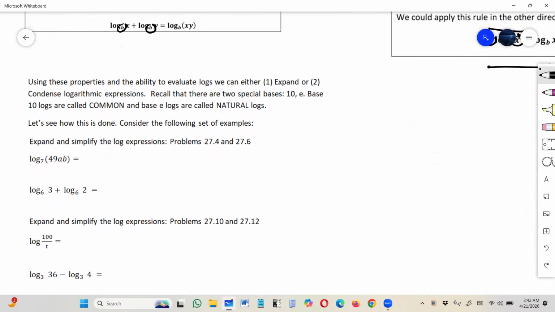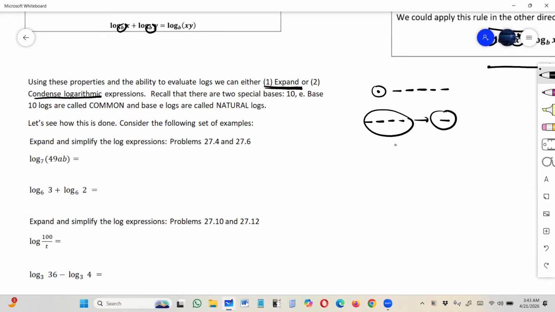They are problems where we are going to get an expression and we are going to expand the expression. Now that means we have a single expression in terms of log and we expand it into multiple individual expressions. Or we are going to condense a log, meaning we're going to start with multiple terms with logs, and we are going to convert into something that has a single log expression.